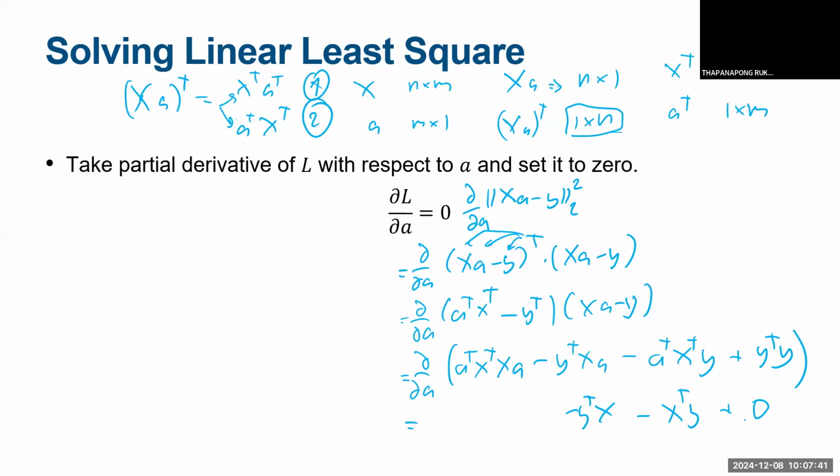What about the first one? If you have A in the front and A in the back, how would you take the derivative of this one?